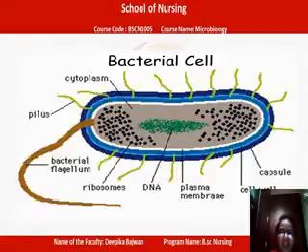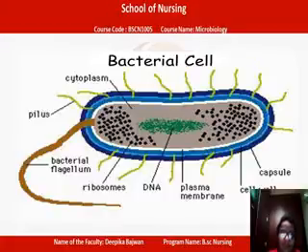That's why this structure is known as a nucleoid. For eukaryote cells, the genetic material is covered by a nuclear membrane, and that is known as a nucleus. So this is the basic difference between eukaryote and prokaryote cells.